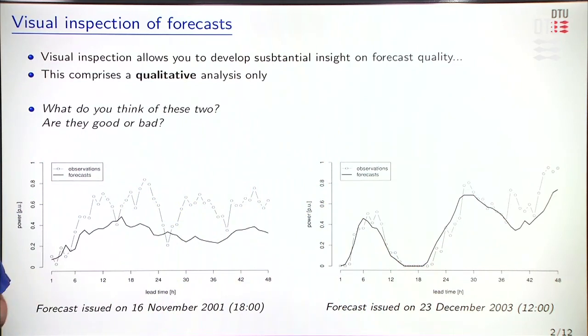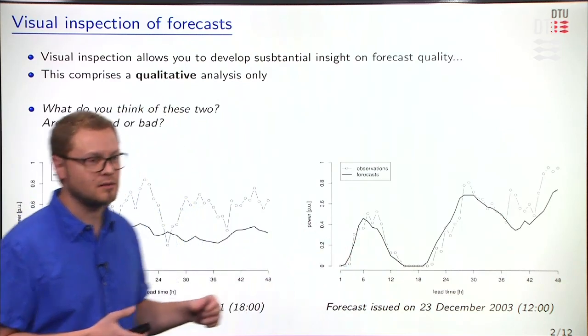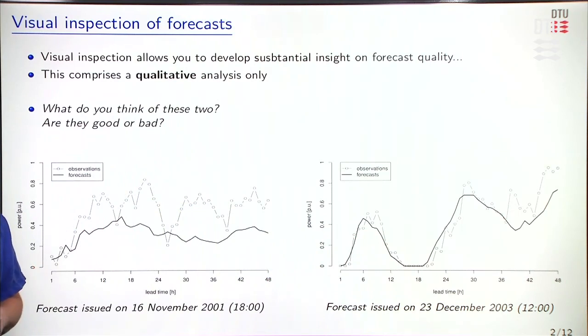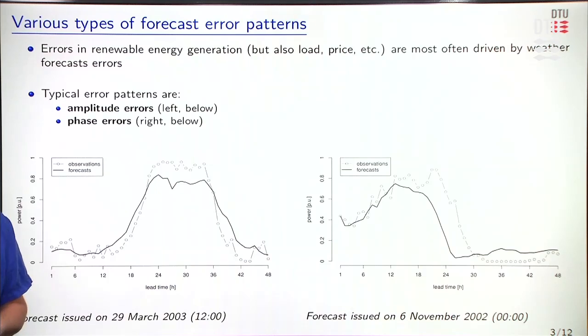So if you were binary in your assessment, you would say this is a good forecast, this is a bad forecast. It might be a bit more complicated than that, but you see the starting point. By making this plot, we can really start developing a feeling about how good the forecast may be. If you were to push it a bit more, you would go with this visual inspection and try to look for certain features.